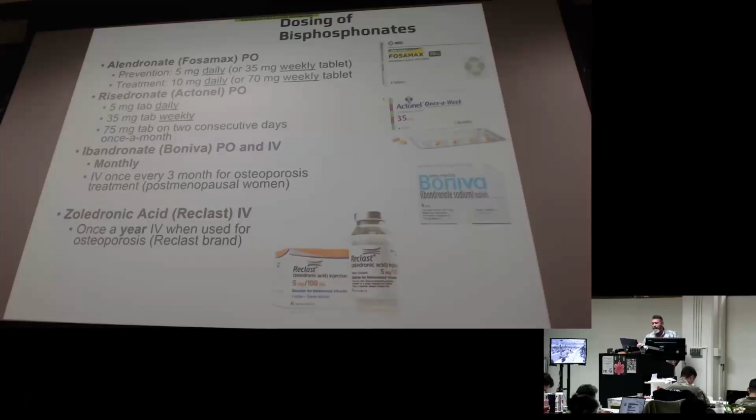For prevention, there's a dosage, there's a treatment dosage, and it can vary from daily to weekly. A lot of that could be based on if your patient is adherent to those administration rules, right? The eating, the sitting upright, taking first thing in the morning. But just know the zoledronic acid is the one that's IV, and it can be given once a year.